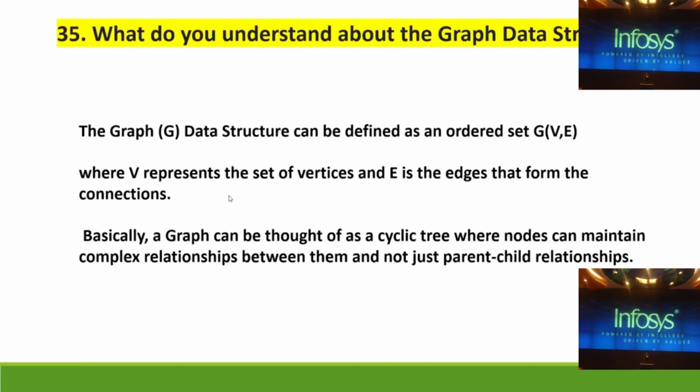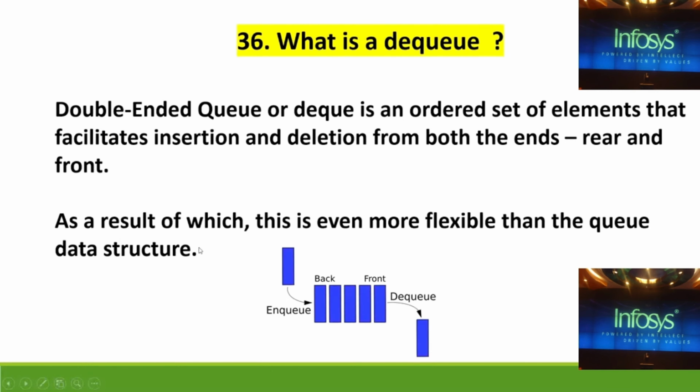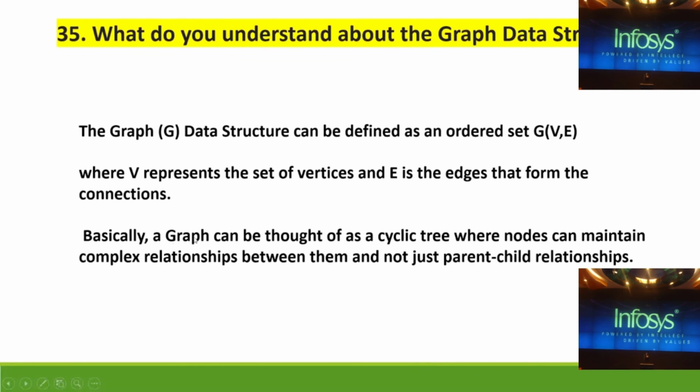And the next question: what do you understand about graph data structures? A graph data structure can be defined as an ordered set of vertices V and edges E, where V represents the set of vertices and E represents the edges that form the connections. Basically, a graph can be thought of as a cyclic tree, where the nodes can maintain complex relationships between them, not just parent-child relationships.